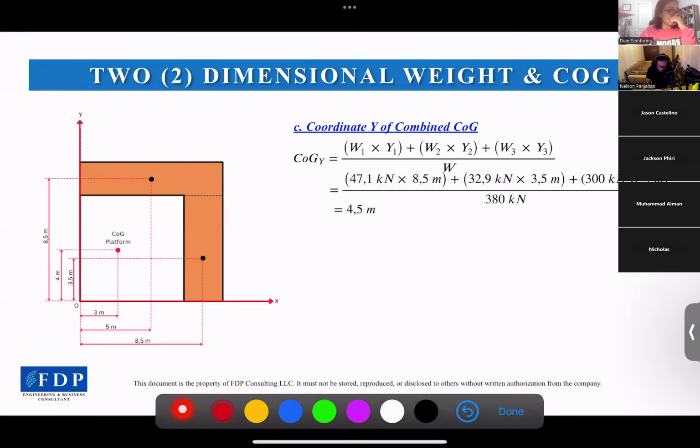And then we continue with the COGY. We just change coordinate x to coordinate y.